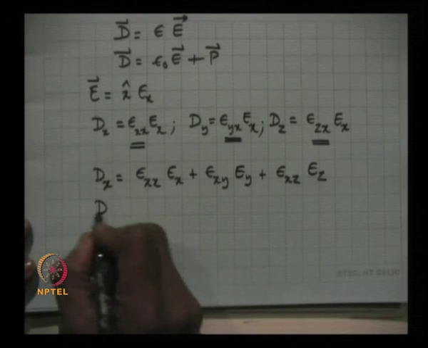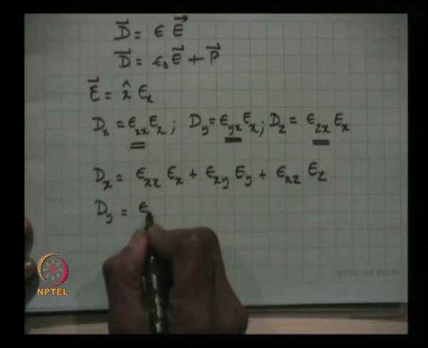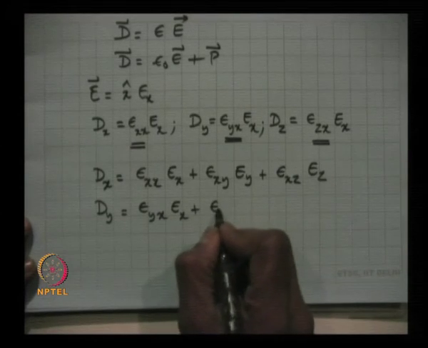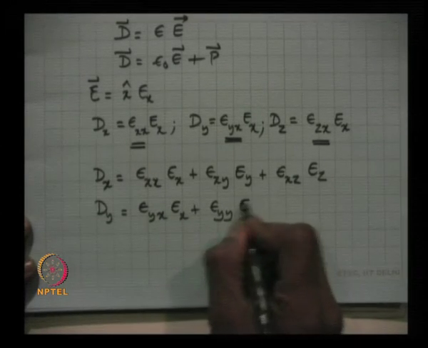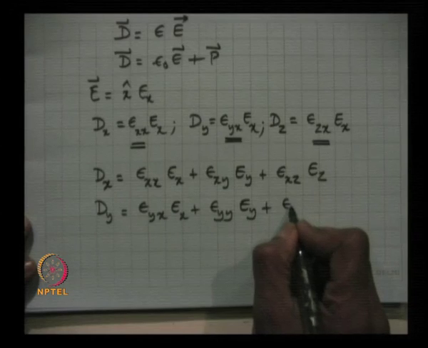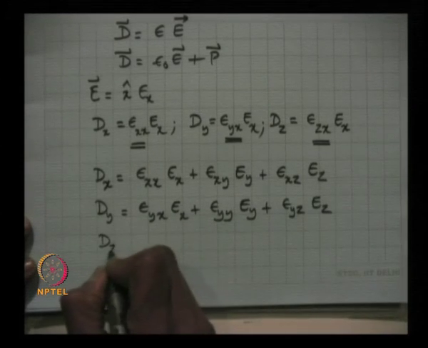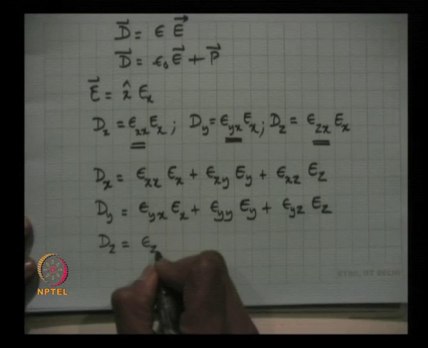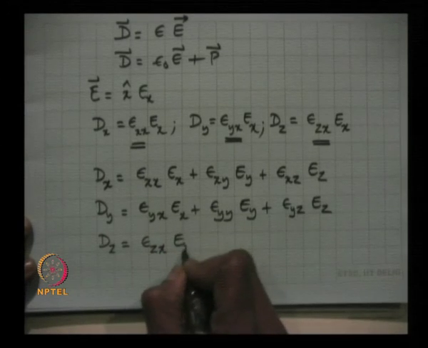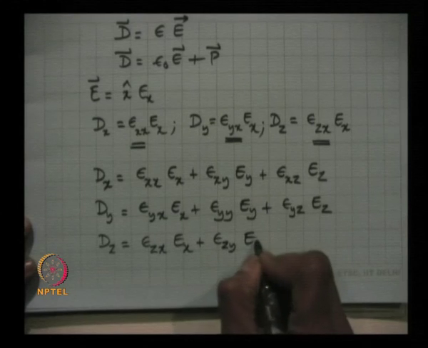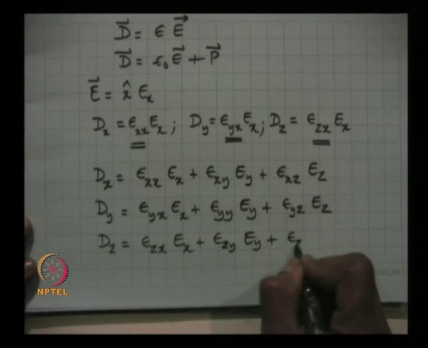Similarly, Dy will have epsilon yx E x plus epsilon yy E y plus epsilon yz E z, and Dz is equal to epsilon zx E x plus epsilon zy E y plus epsilon zz E z.